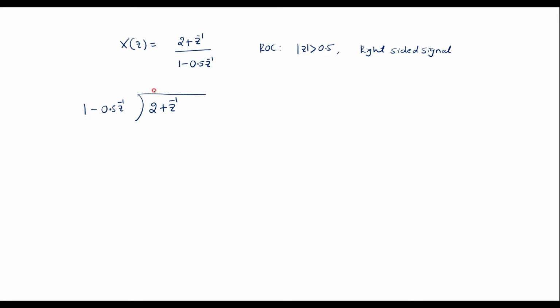If I multiply this with 2, we get 2 minus 0.5 into 2 is 1 z inverse. Simplifying, the 2 terms get cancelled, and here we get 2 z inverse.